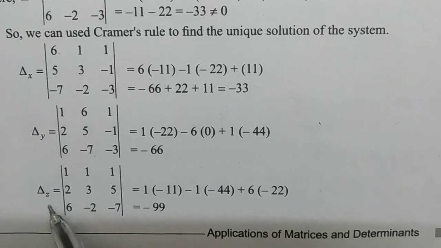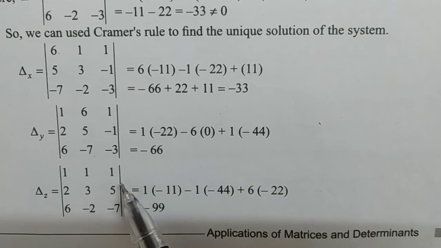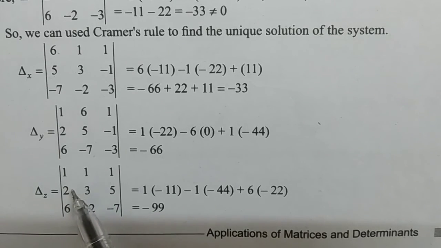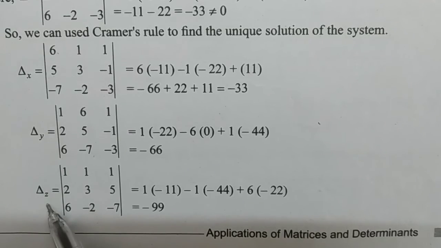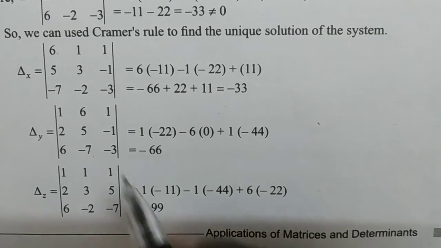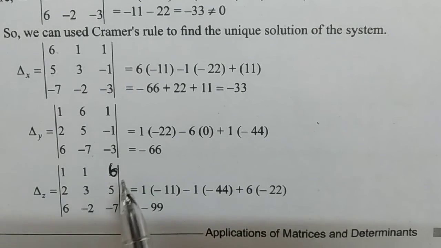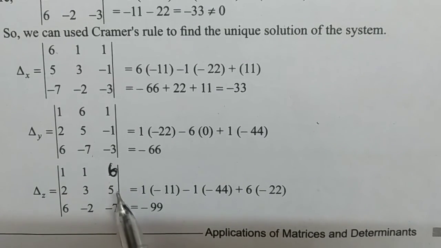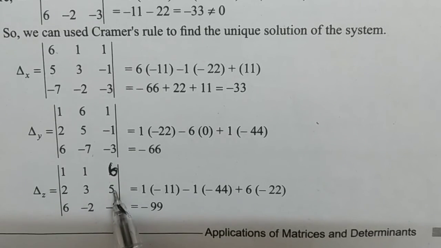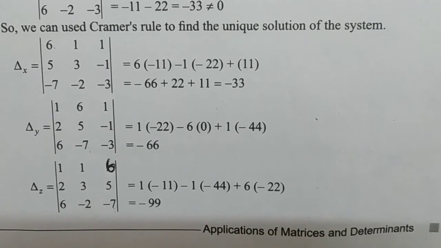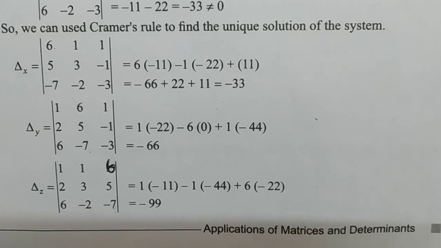And for delta z, replace the last column. What is the last column here? 6, 5, minus 7. Simplify this one and we get minus 99.